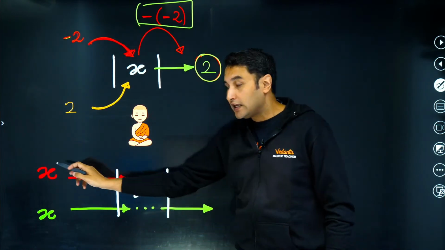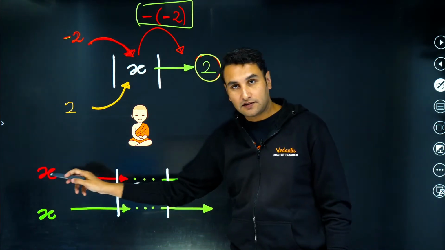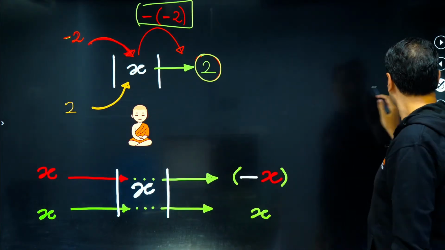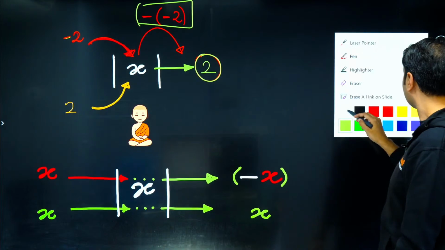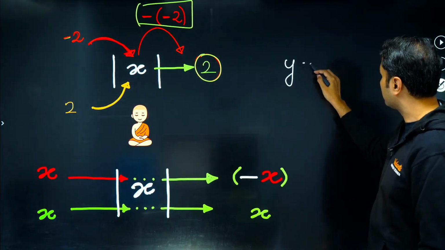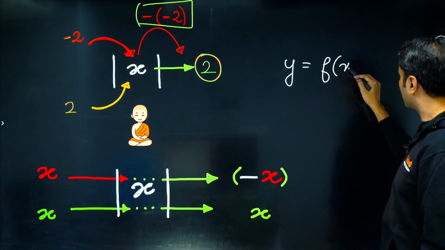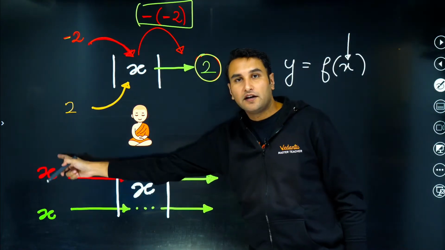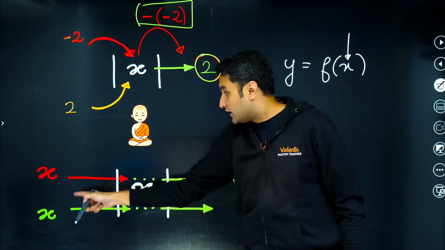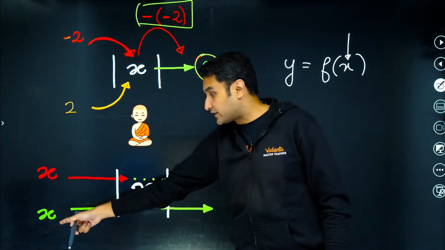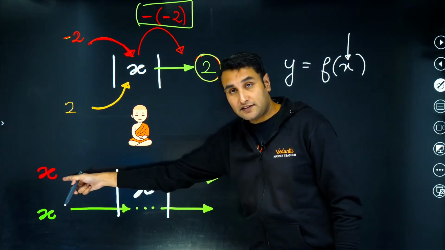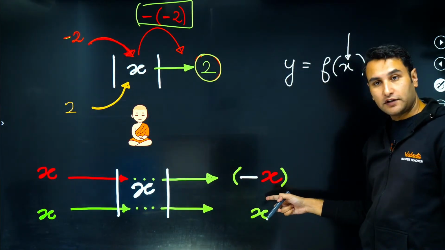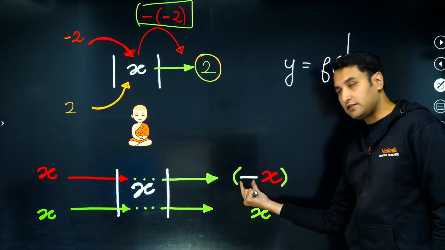So bachcho, if there is an input x inside the function, see carefully, I am giving an input x on the left hand side. Now x can either be negative or x can be positive. If x is negative, what will Baba do? Baba will make it positive by giving it a negative sign.